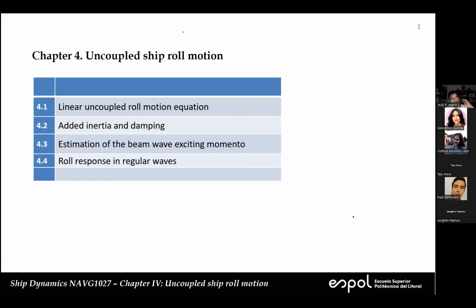So we're going to use a very simple expression to estimate the excitation. You can find it in very simple books, but it's not inadequate. And then once we have everything, we can calculate the response, okay? So that's the general content of this chapter.